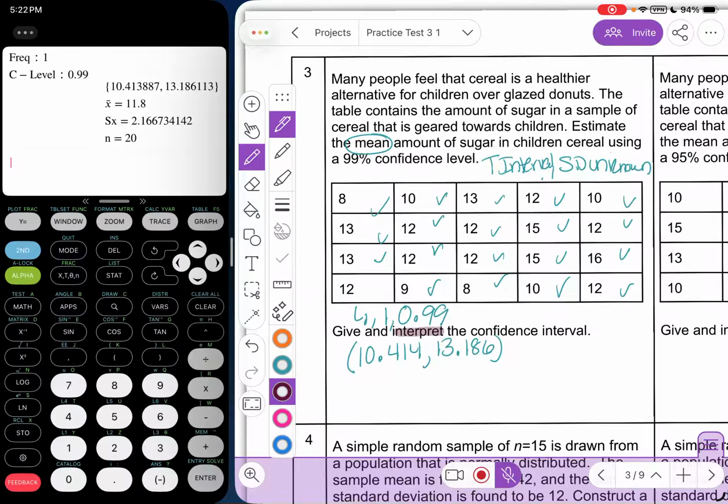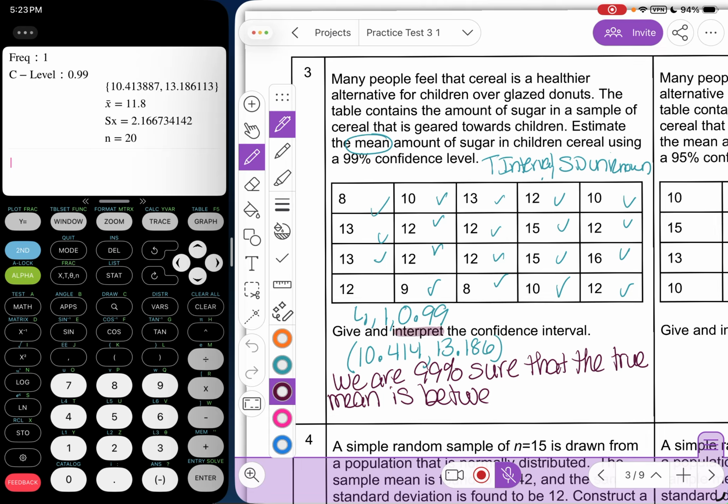So interpret is we are 99% sure that the true proportion, true mean, we're talking about means, is between 10.414 and 13.186 for sugar in children's cereal.